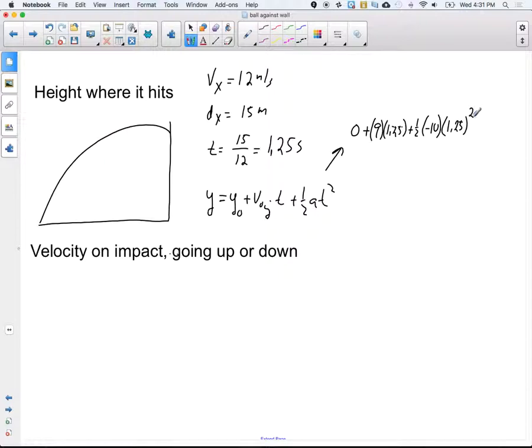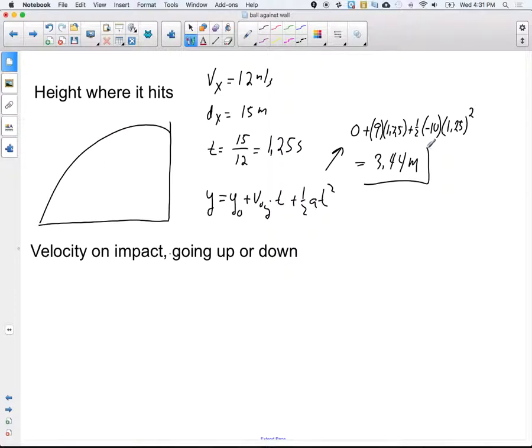And if I do that all out, what I find is that the height on the wall is, let me double check that because I don't want to mislead you, 9 times 1.25 plus 1/2 a t squared, and I get 3.44 meters.